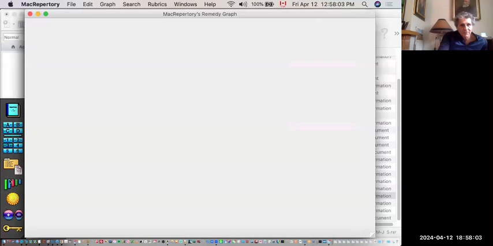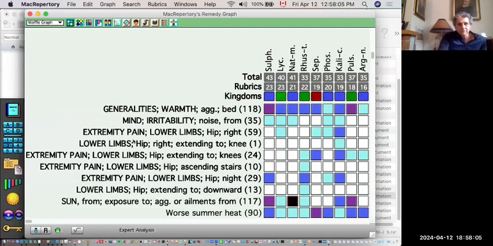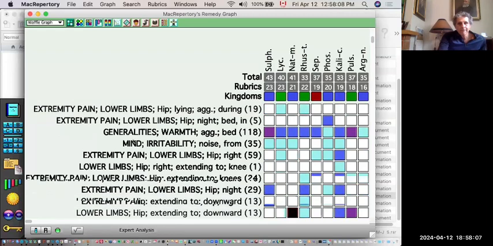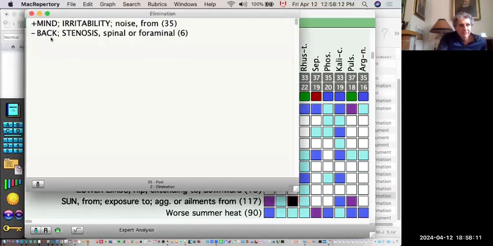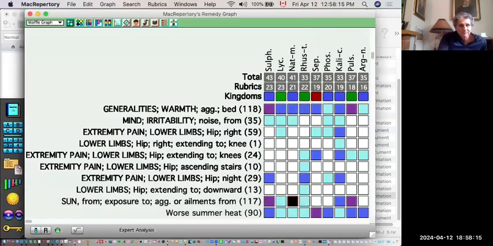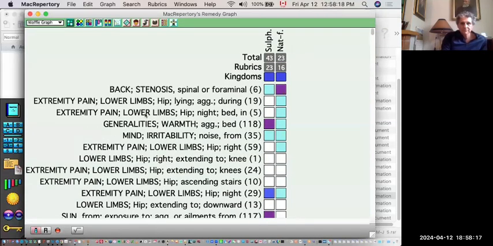So if we look at the repertorization, and we look at the elimination, noise with spinal stenosis. One remedy that I looked at was Natrium fluoratum, and we had the key symptom, which was worse at night when lying.